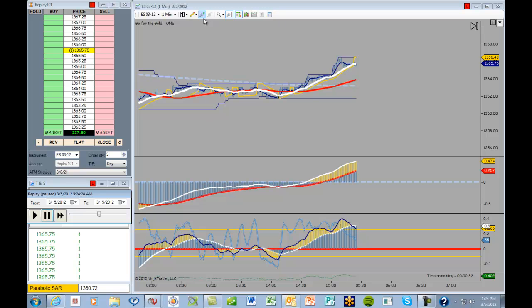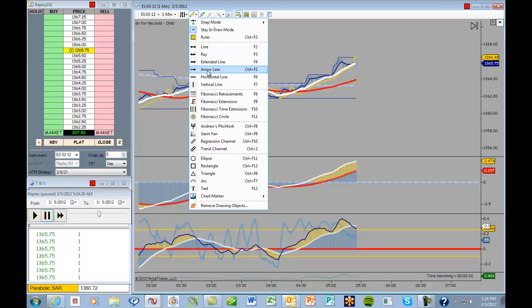Let's pause it there while we draw our first trade arrow.